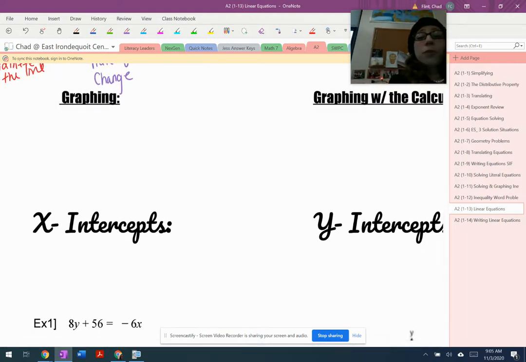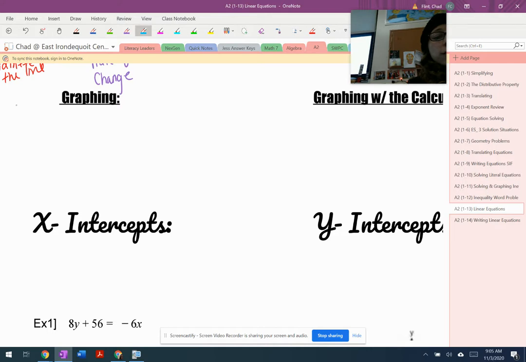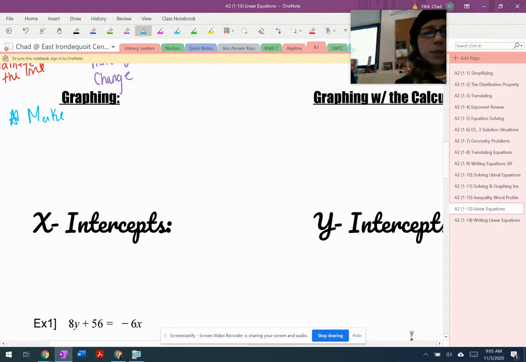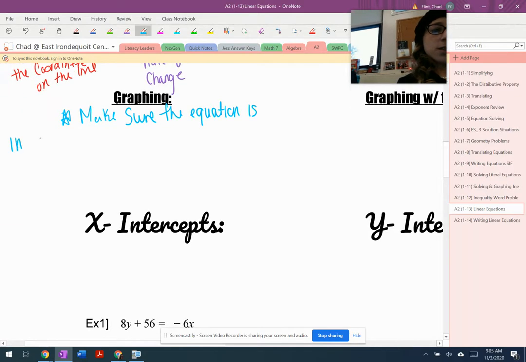So remember, before you can graph a linear equation, you absolutely need to make sure the equation is in slope-intercept form.